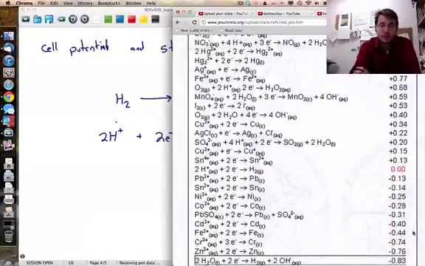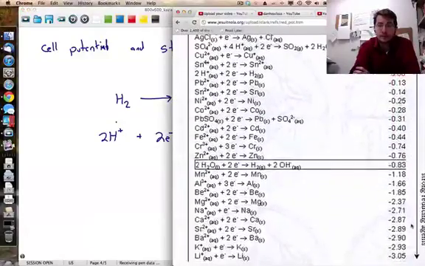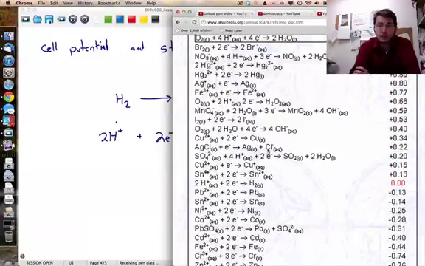So let's just take a look at a table. So here we have 2 hydrogen ions plus 2 electrons going to H2 gas with a 0 voltage. How readily something else is reduced or oxidized compared to that represents their individual reduction potential.